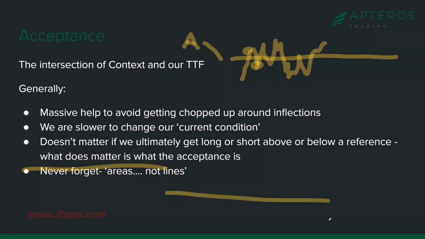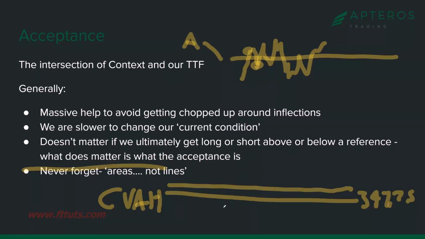Anytime I draw a line on a chart, anytime you have a composite value area high, that is not 347.75, or whatever market that might be. It is an area from 349.50 down to 346.25. It's an area, treated as such. Always areas, not lines.